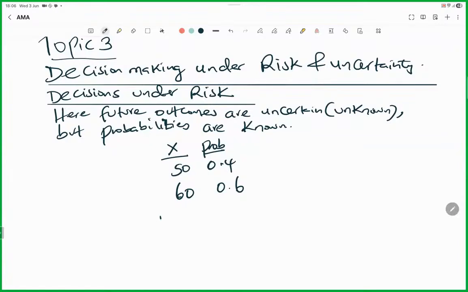That gives us what we call expected monetary value, which is the same as X bar. To get X bar, you take X values times P, and then you sum. So you create a column here for XP.